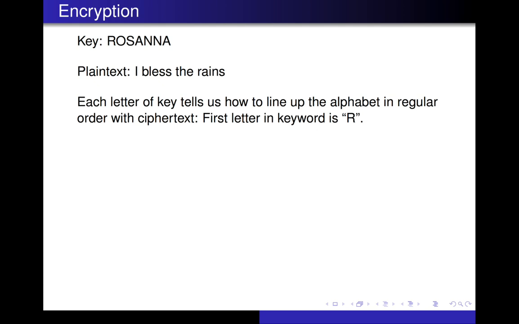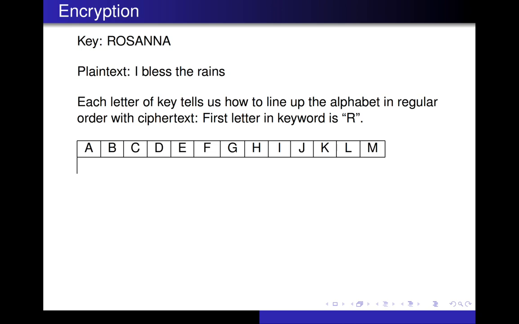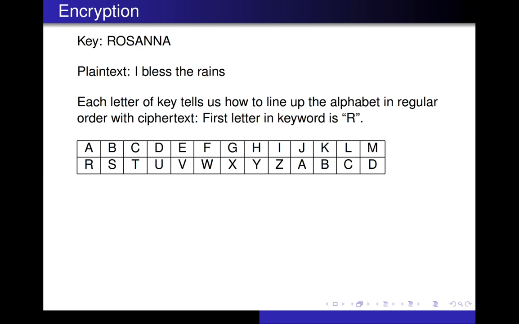So for instance, the first letter in the keyword is R, and that is going to tell us which key to use. So we're going to line up our letters like we did before, A through Z. I can only fit A through M on this first line, but underneath that we are going to list the letters in alphabetical order, but not starting with A, but starting with R, which is the first letter of our keyword. So instead of having A, B, C, D, E, F, and G, we're going to have R, S, T, U, V, W, X, Y, Z, and we're going to continue, right?